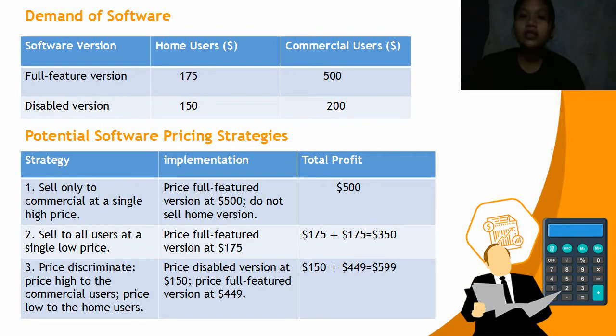In the second strategy, sell to all users at a single low price. In implementation, price the full featured version at $175. The total profit is $175 plus $175 equals $350.